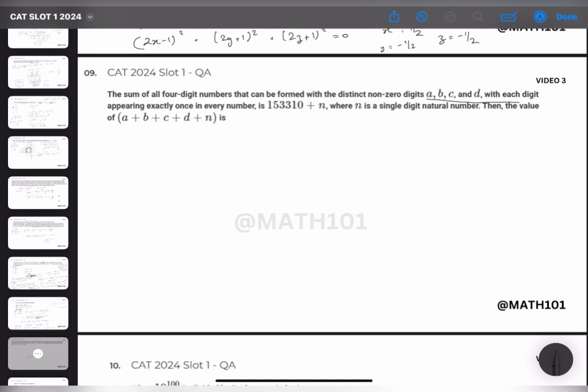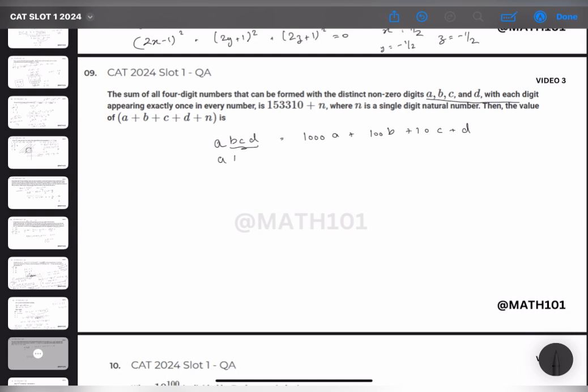So notice, if A, B, C, D is the number, it would be 10,000 times A plus 100 times B plus 10 times C plus D. And there are 6 possible permutations of BCD, so there would be 6 different numbers which will have A in the thousands place.